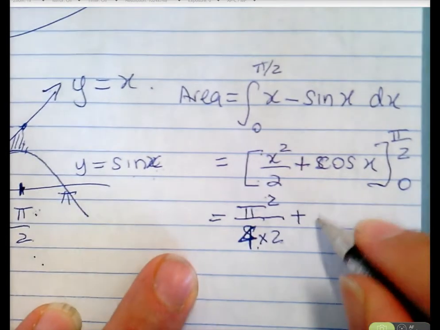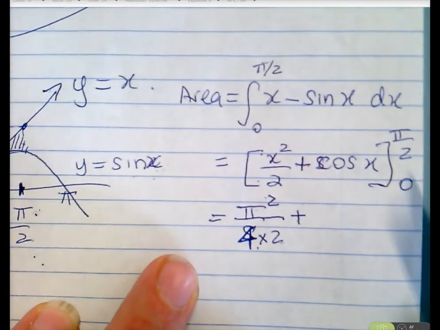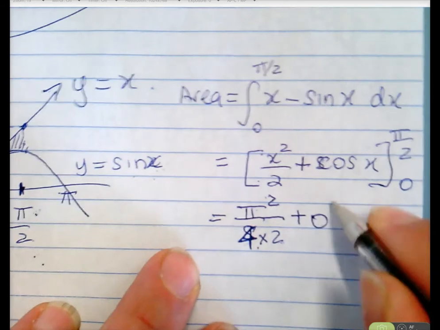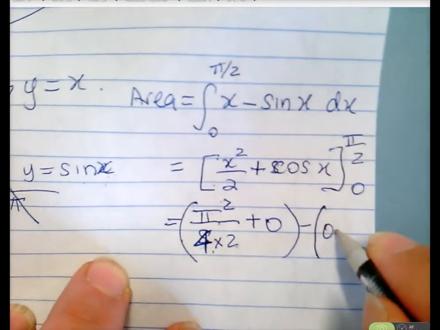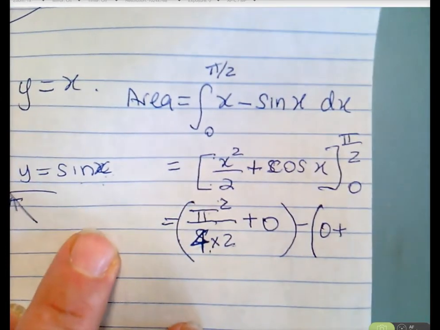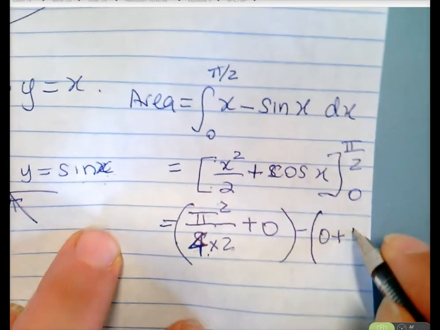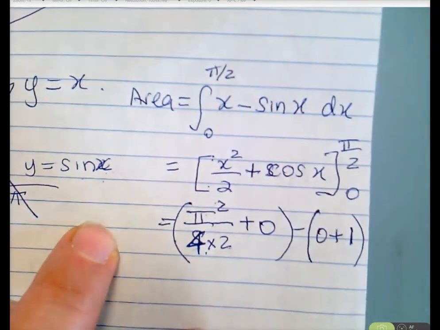Plus cos of pi on 2, what's that? Cos of 90 is 0. Minus 0 plus cos of 0. Cos of 0 is 1.